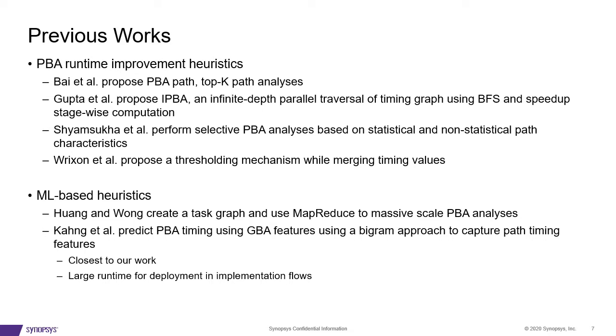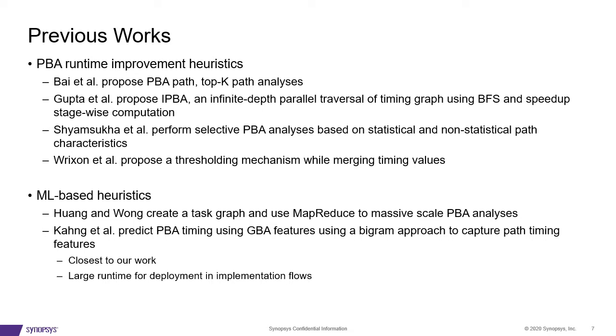Gupta et al. propose IPBA, which is an infinite depth parallel traversal of the timing graph using breadth first search, and they speed up stage-wise computation. Shamsukha et al. perform selective PB analysis based on statistical and non-statistical path characteristics. Rickson et al. propose a thresholding mechanism while merging timing values.